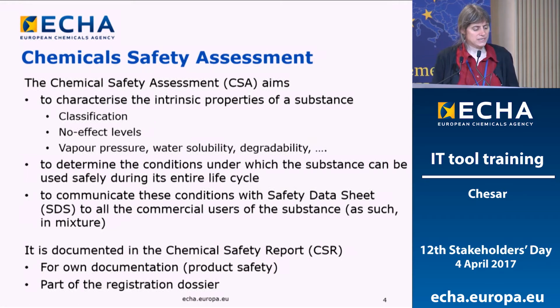And to set the basis to communicate these conditions with the safety data sheet to all the commercial users of the substance, whether the substance is used as such or in a mixture.